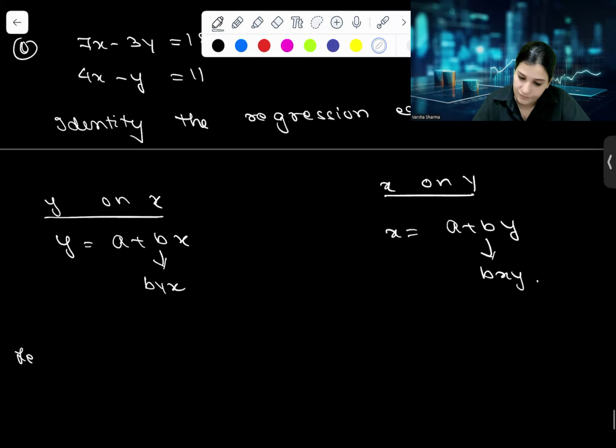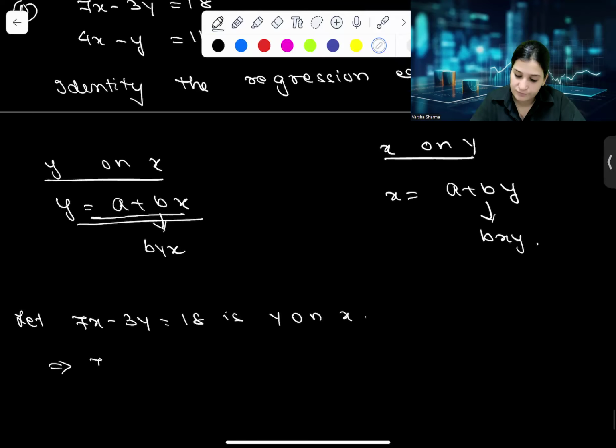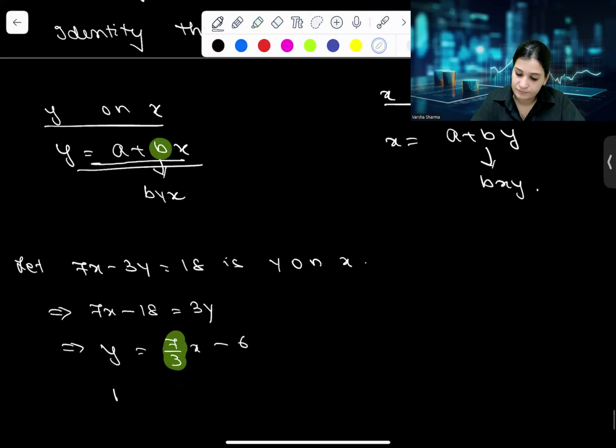Let's suppose the first line is y on x. So in this, we are going to express it in this format. We are going to isolate y. Divide everything by 3. So now if you compare, the coefficient of x is what? byx.